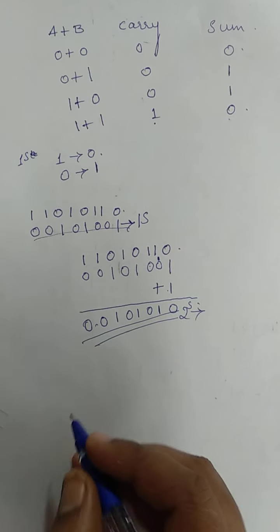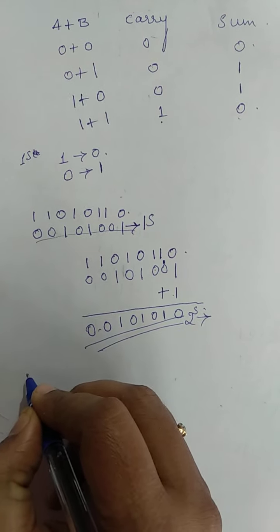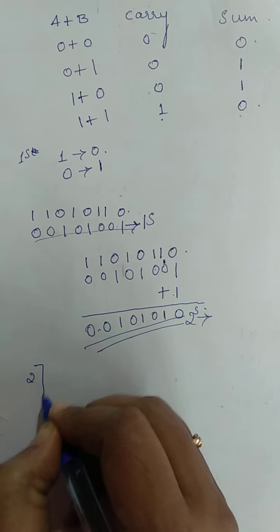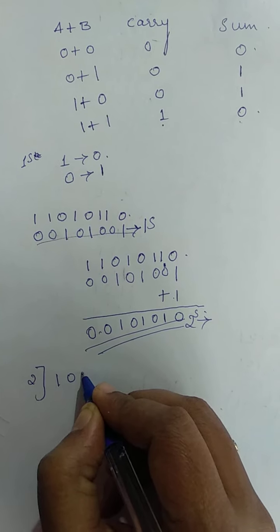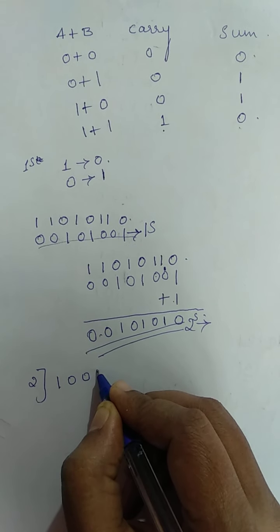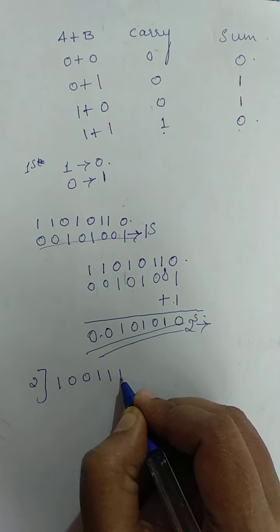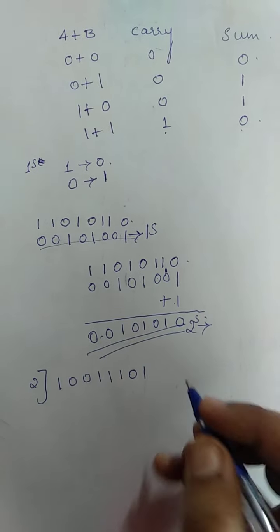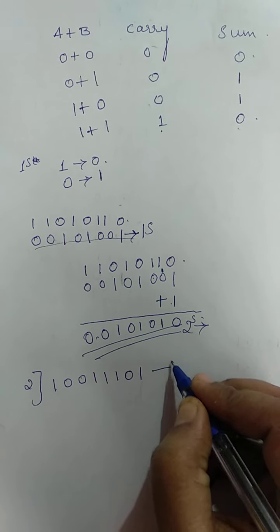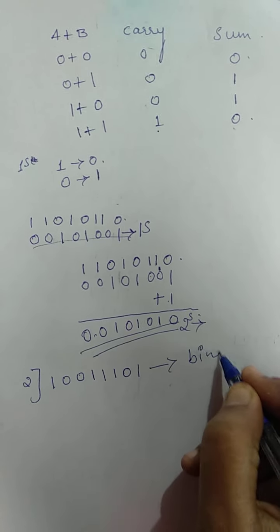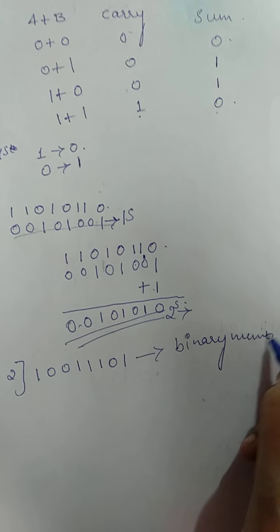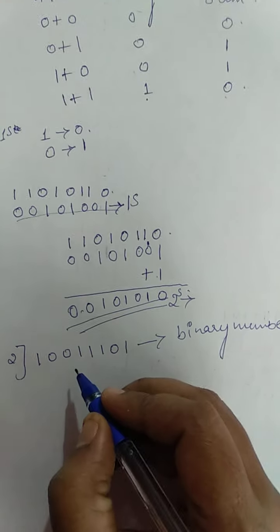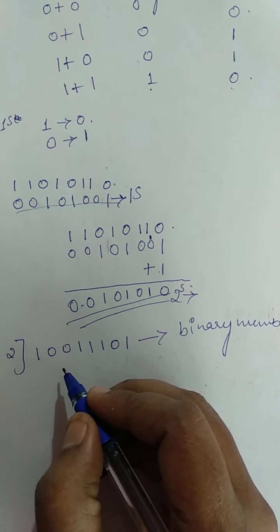We'll solve one more example for 2's complement. That is 1 0 0 1 1 1 0 1. This is in the form of a binary number, correct? Then what are we going to do now?